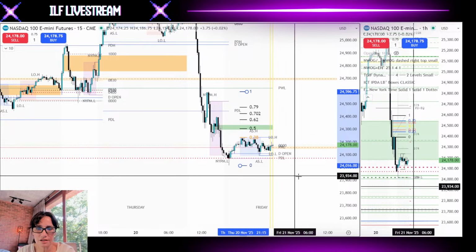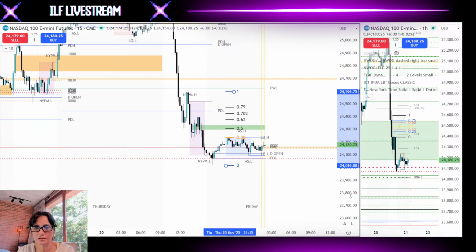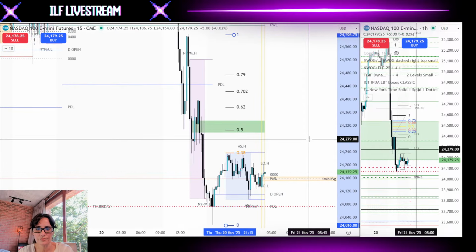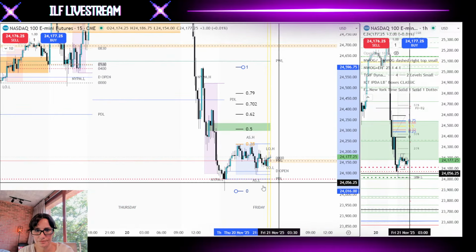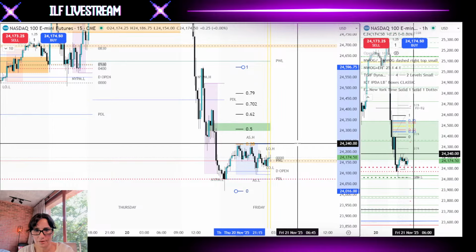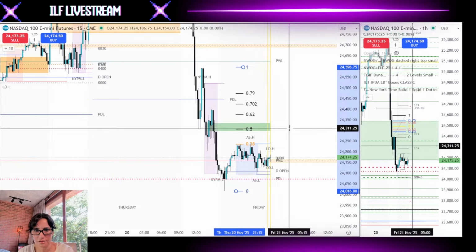I just want to see the range, how it's going to react in this range here.